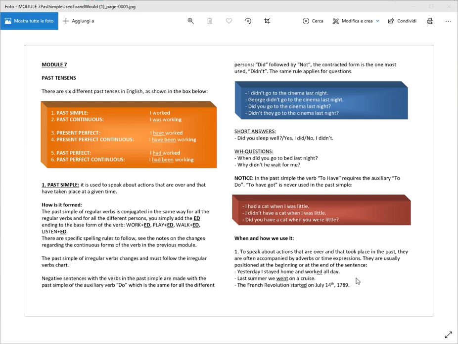Another thing that I would like to underline, it doesn't matter whether the action took place in a recent past like yesterday, a not so recent past like last summer, or a very far away past like 1789, because all these actions are over and completed. The past tense that we will use will certainly be the past simple.